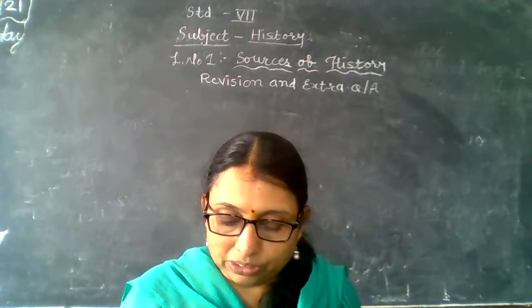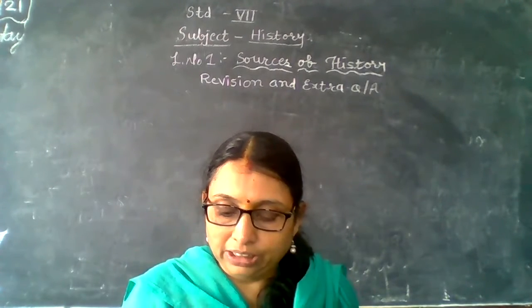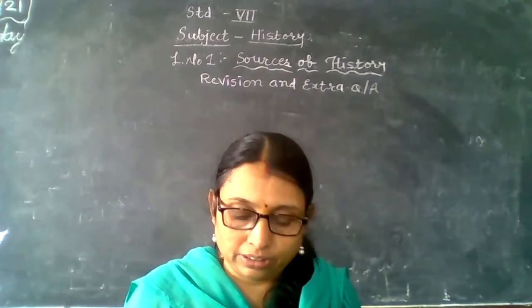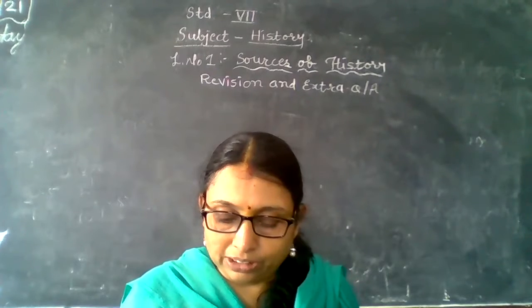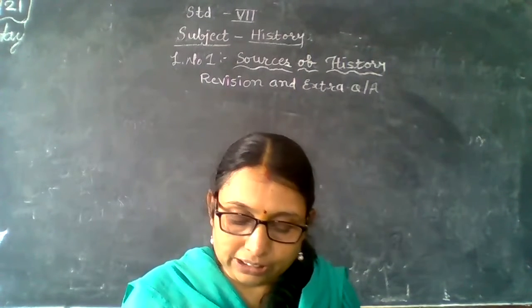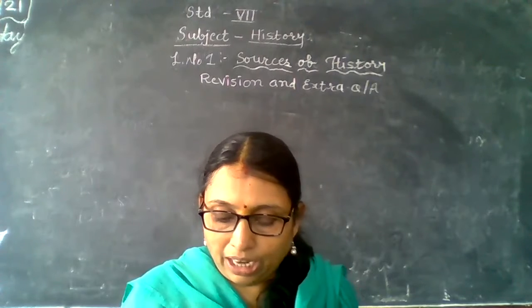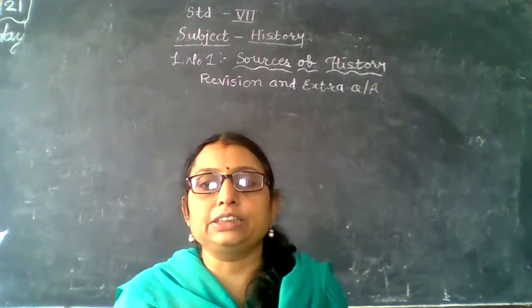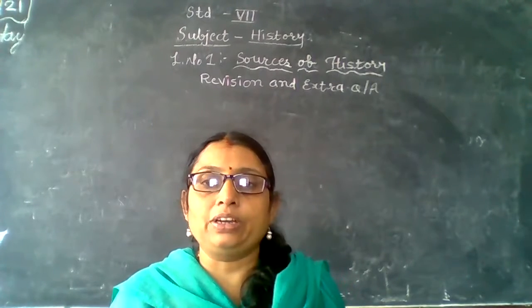Al-Biruni, Ibn Battuta, and Nicola Manucci have written travelogues. Biographies and correspondence of the rulers help us to understand their policies, administrative system, and their diplomatic relations with other rulers.